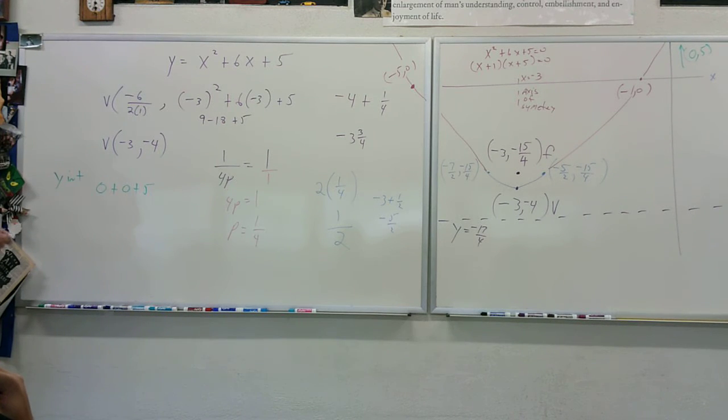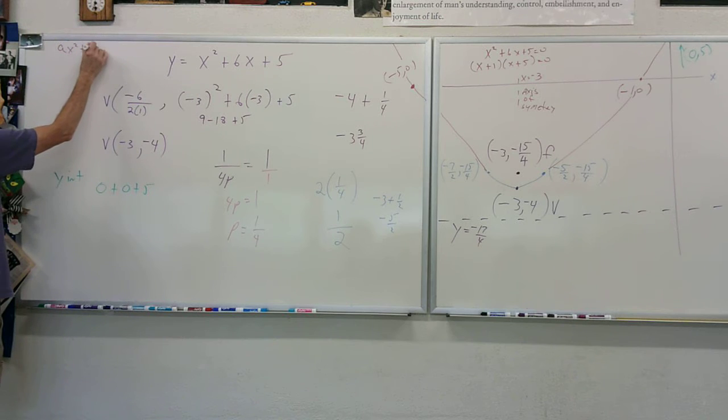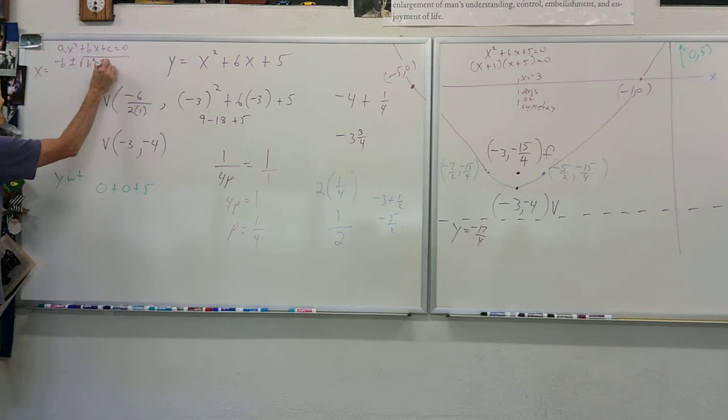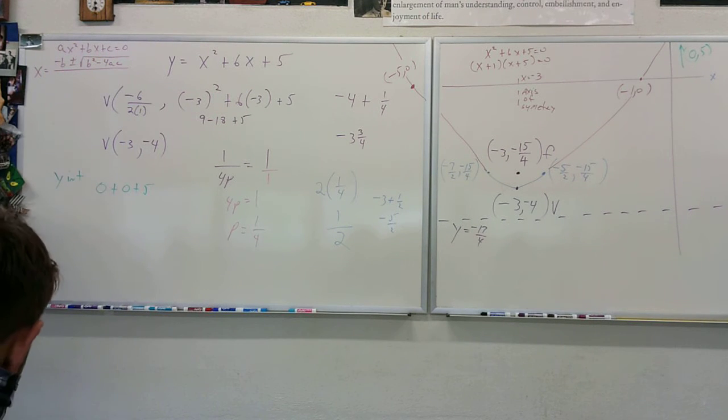Quadratic formula. For the form ax squared plus bx plus c equals 0, x equals negative b plus or minus square root b squared minus 4ac over 2a, right?